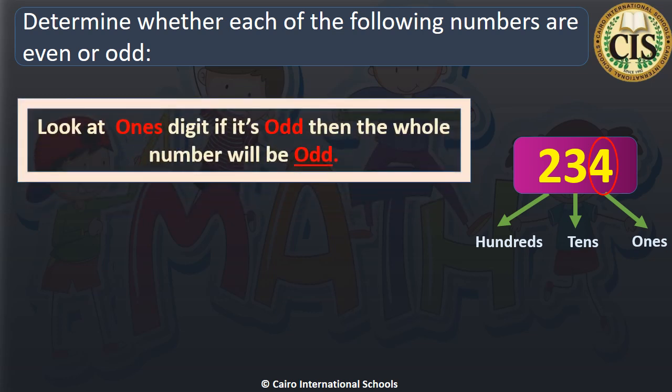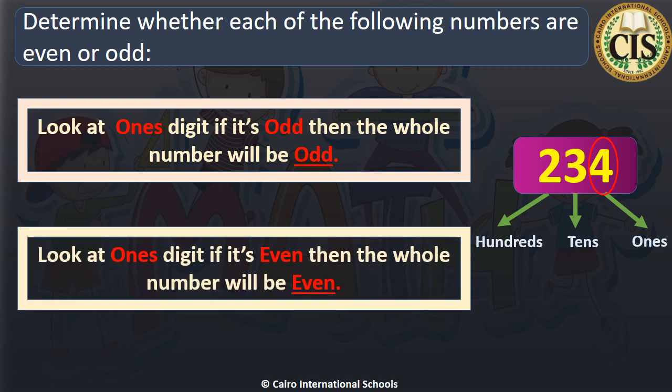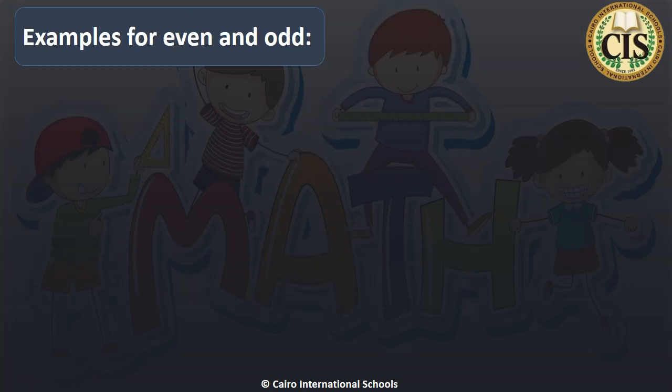Look at the ones digit. If it's odd, then the whole number will be odd. If it's even, then the whole number will be even. Now let's look at 234. The ones digit is 4. As we studied, 4 is an even number, so the whole number 234 will be even.